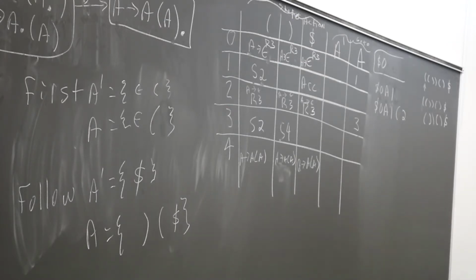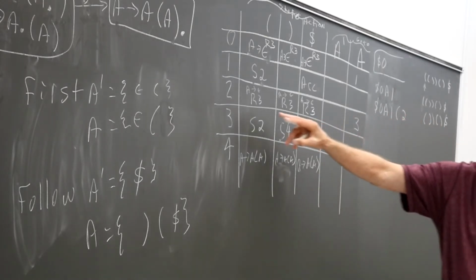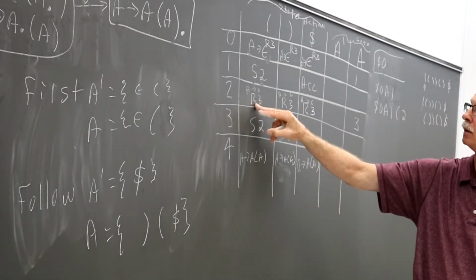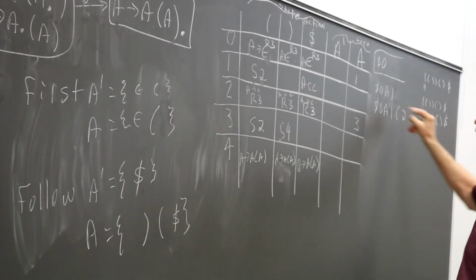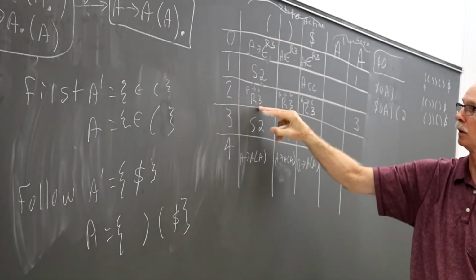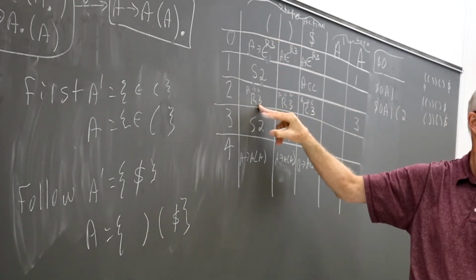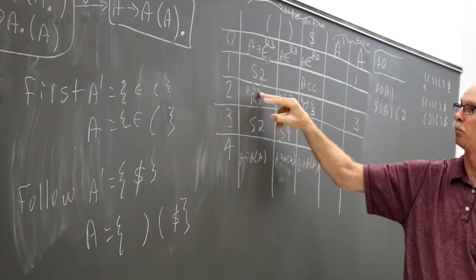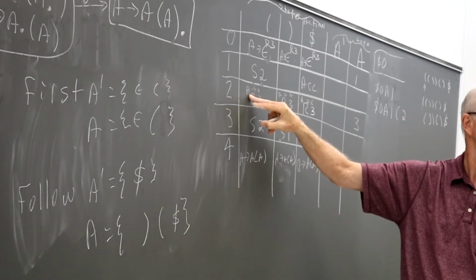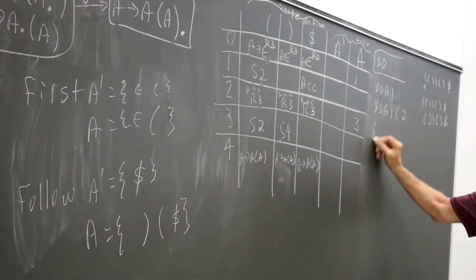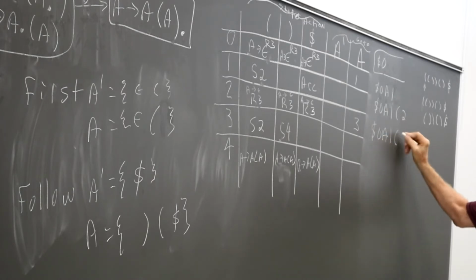But we got the table to help guide us this time. Two left paren. Reduce 3. Pop the right side, push on the left side. So I've got $0 A1 paren 2.